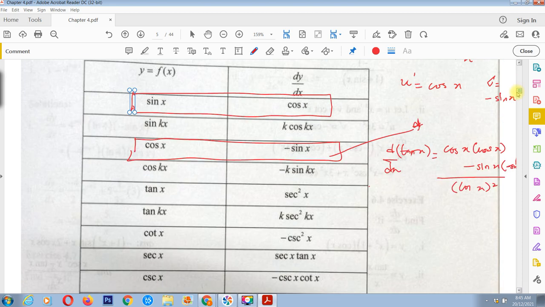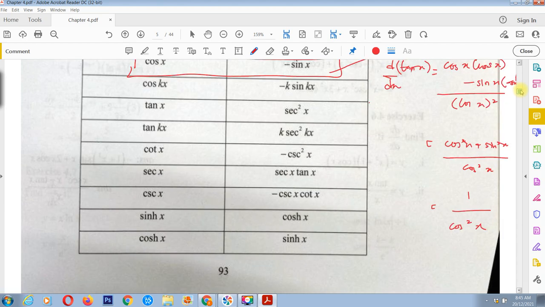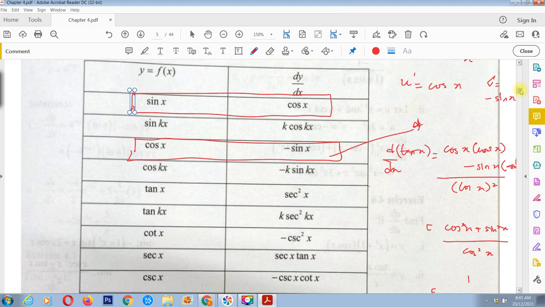So what do you get? You will get cos square x plus sine square x over cos square x. So cos square x plus sine square x, you will get 1. So you get 1 over cos square x, or 1 over cos square x.